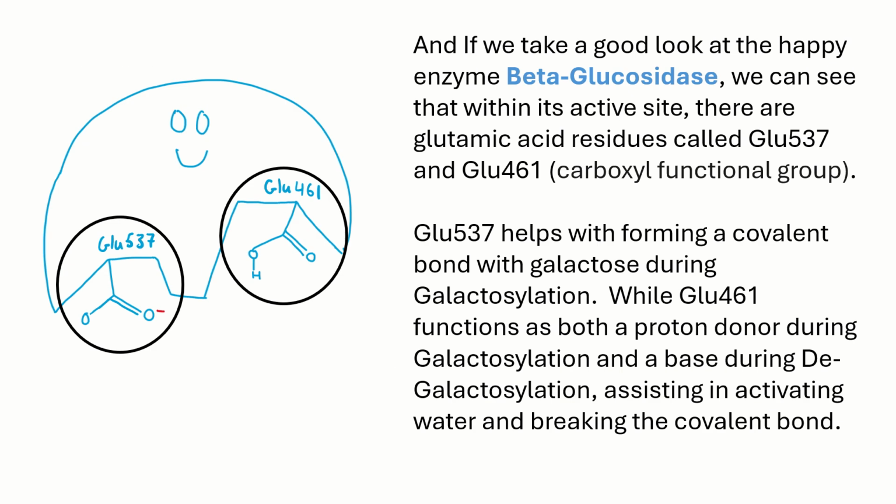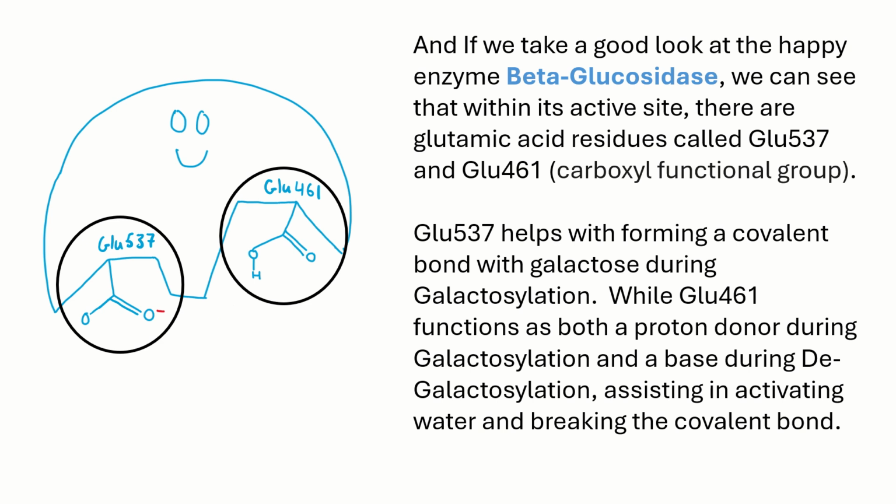And if we take a good look at the happy enzyme Beta-Glucosidase, we can see that within its active site there are glutamic acid residues called Glu537 and Glu461, which have a carboxyl functional group.